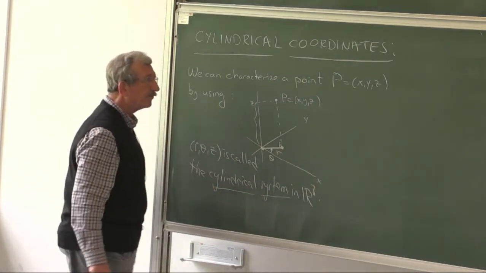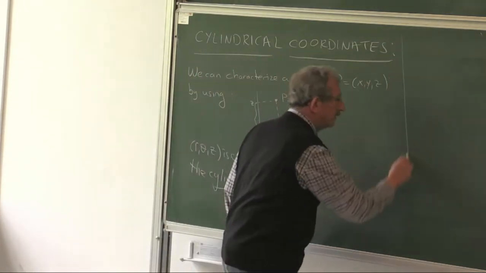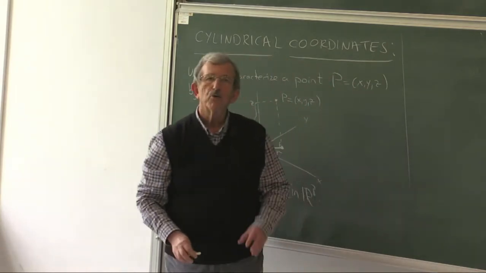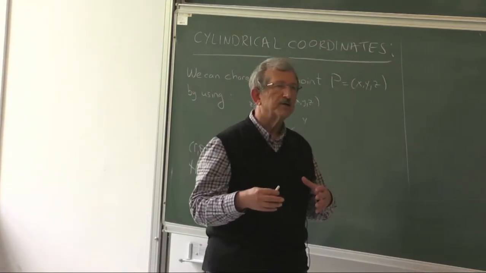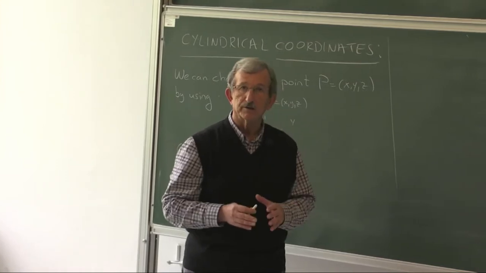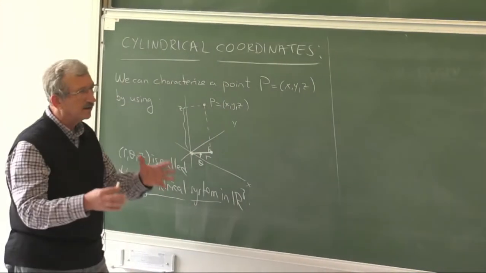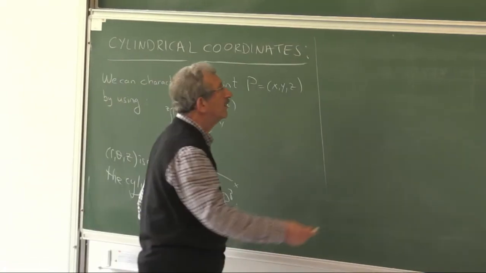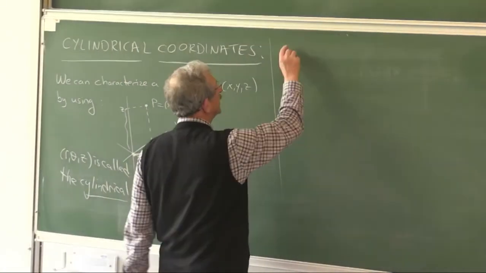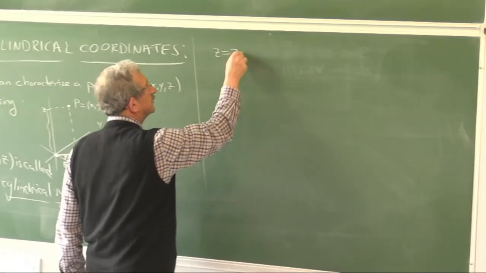Okay. To understand what a system is, we look at what happens if we keep one of them constant, and the others are changing. So let us start with the z, of course. Say z is z0.